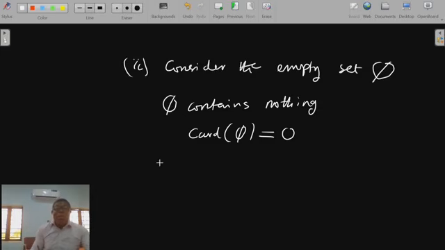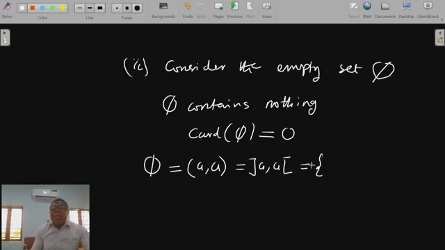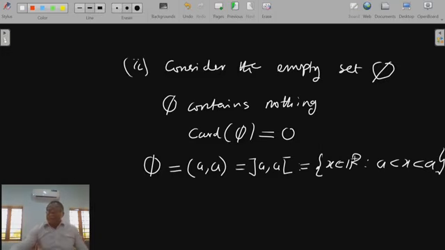Maybe I would write the empty set as equal to, say, (A, A), where A is a real number, and this could be written as the collection of all x in R so that A is less than x less than A. Of course, if you look at this definition, you'll find out that it depicts nothing but an empty set, because this is a contradictory statement.